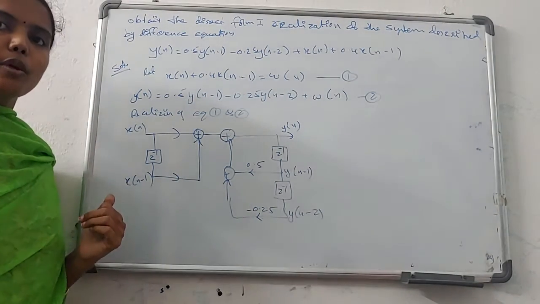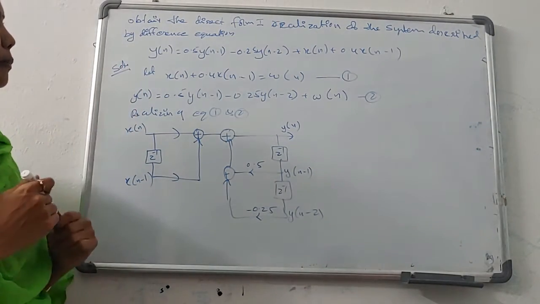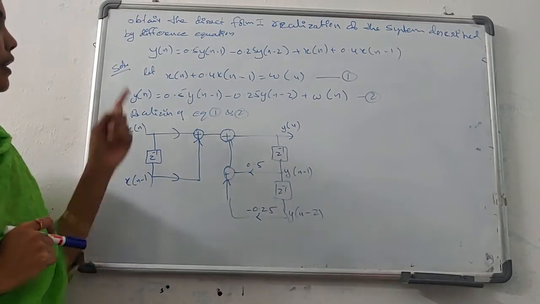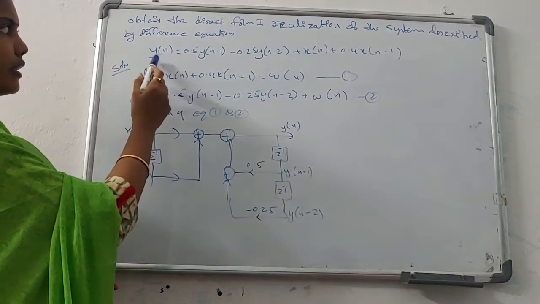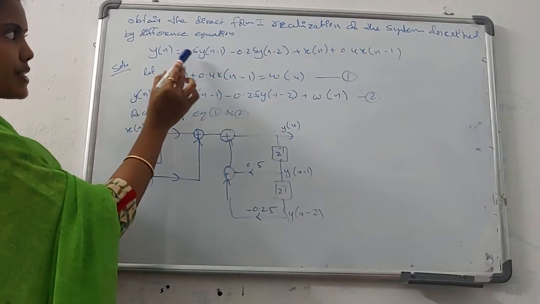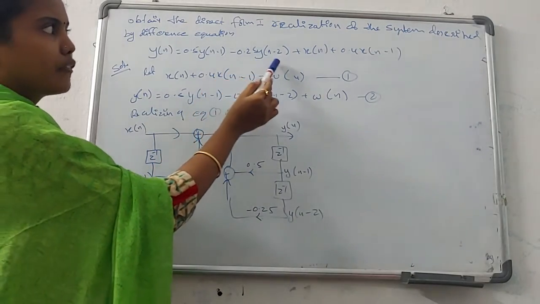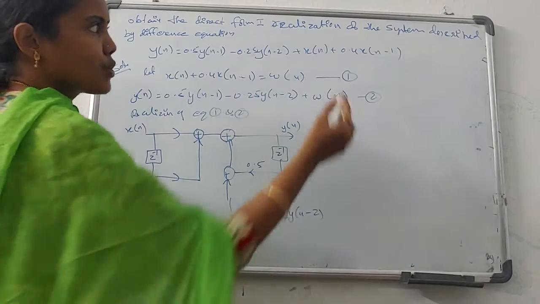Now let us see one problem on the direct form 1 method. The given problem is to obtain the direct form 1 realization of the system described by the difference equation y of n equals 0.5 y of n minus 1 minus 0.25 y of n minus 2 plus x of n plus 0.4 x of n minus 1.